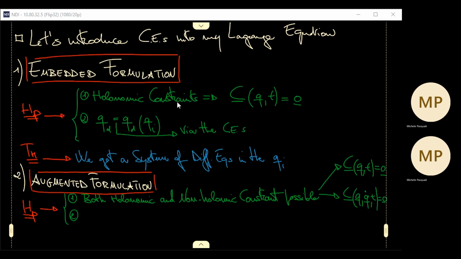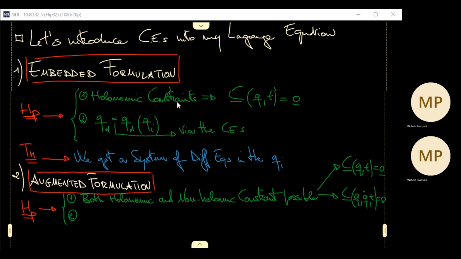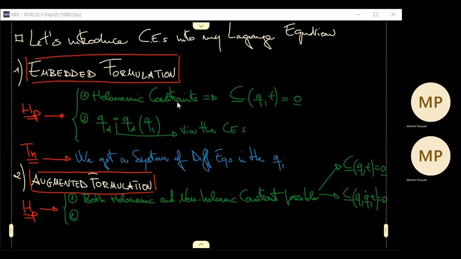We were making the hypothesis of having workless constraints. So the contact forces, which are typically the forces exerted by constraints, limit motion and configuration through contact forces. They didn't appear. Now here we will see that they have to appear in the formulation.